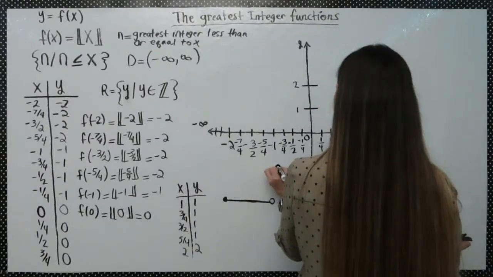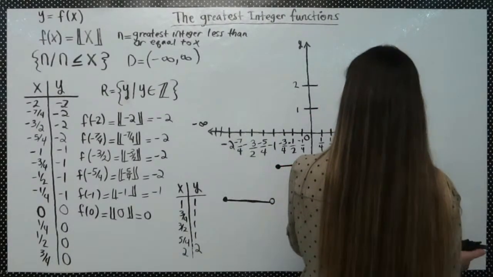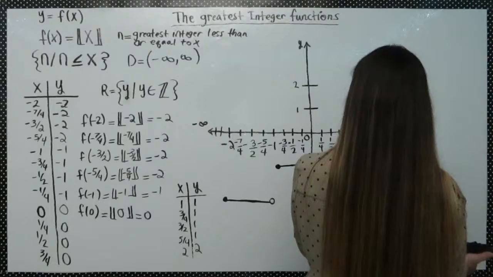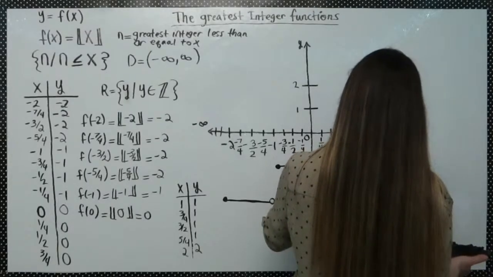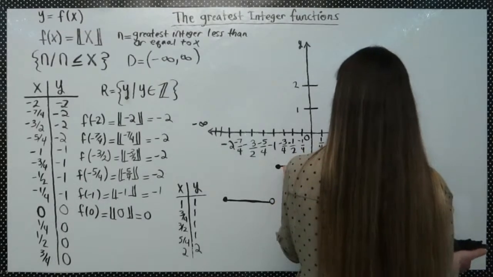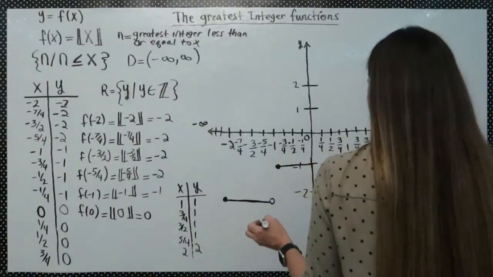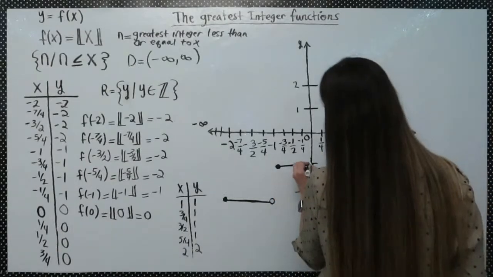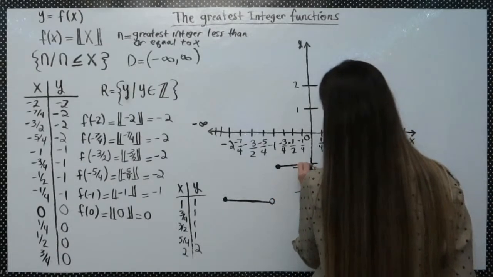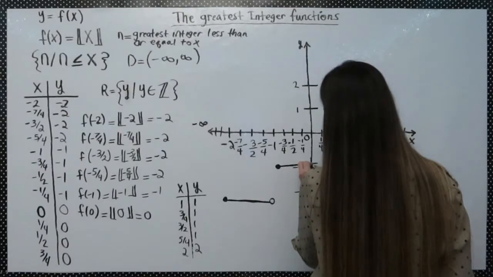And then you're going all the way to 0. That's -1. We've got to get this exact here. You're going all the way to 0, and then at 0, you're going to have an open circle.